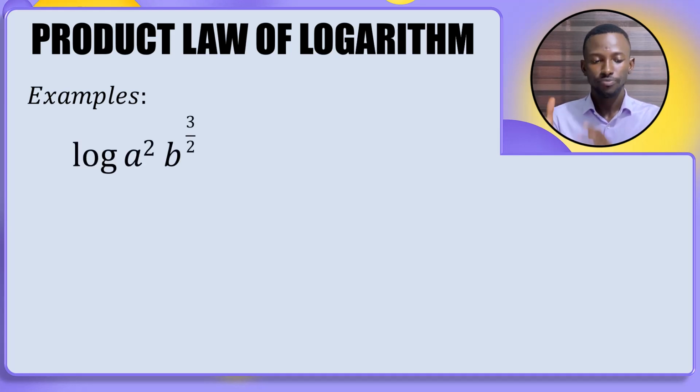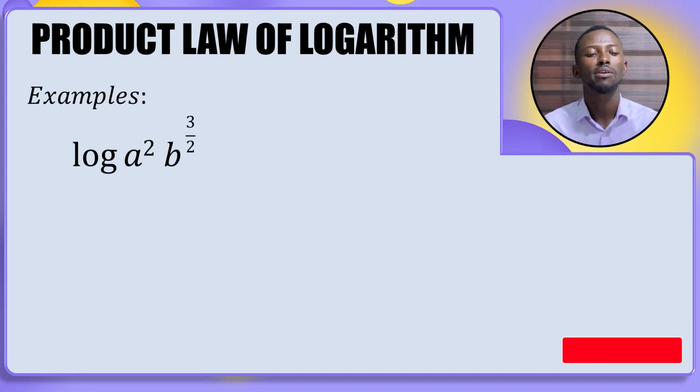Next question. Log to a certain base, the base has not been stated, and then the product is a to the power 2 times b to the power 3 over 2. This looks a little complex, but it's actually simple. But before we proceed, let me establish this important fact.